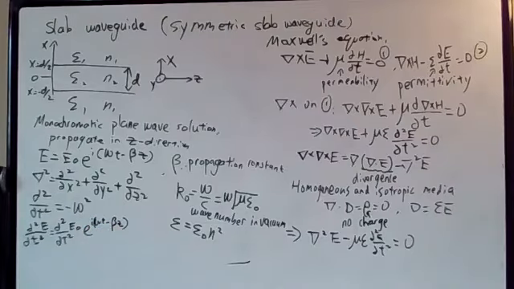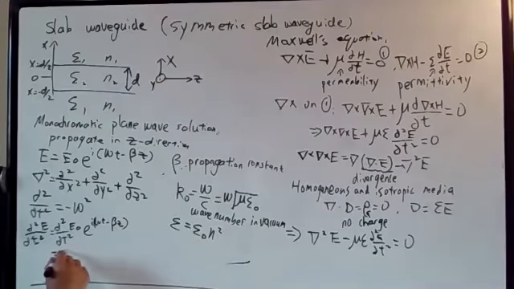In all of this, E naught has no t term, and beta z has no t term.